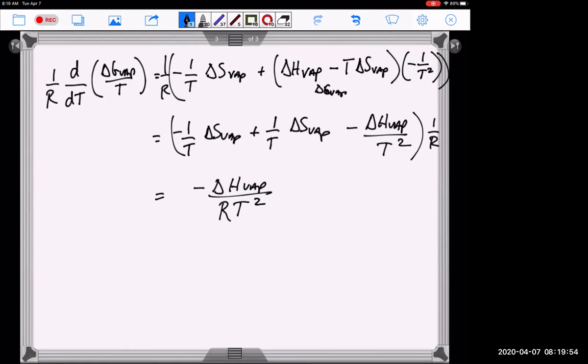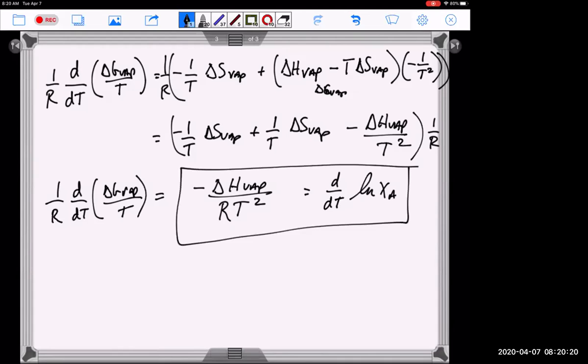And this term, 1 over R d/dT of delta G vaporization over T, all of this was equal to, well, why did we do this? What was on the other side? The other side was d/dT of the ln of xA. Right, so we've accomplished our goal.